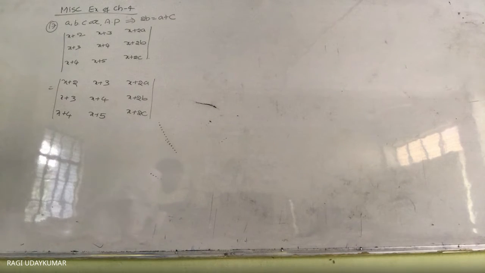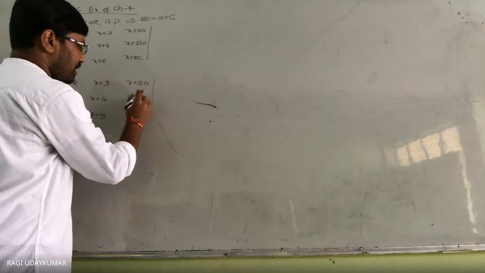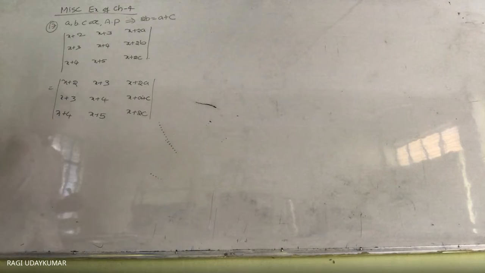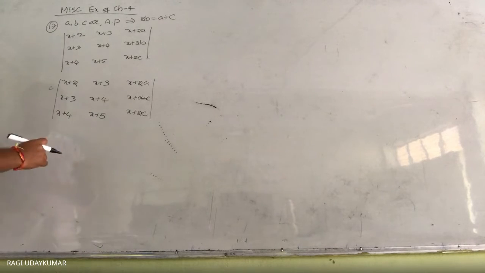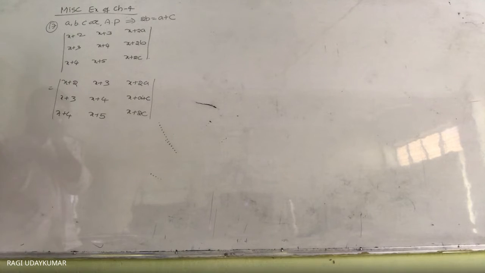Did you understand here what I did? Just I have replaced, just replace करना है. 2b का प्लेस में a plus c लिखो. Next, एक काम करो, ये दोनों को 1 करने के लिए ट्राई 1 कर सकते हैं.